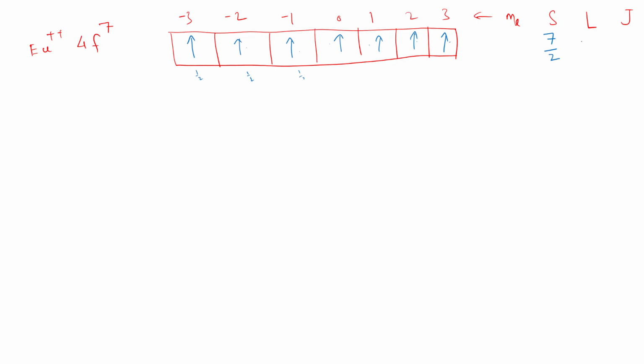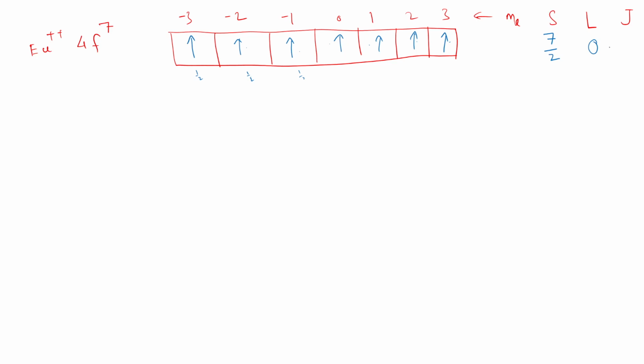Now what is L? The way we have to look at L is, L will be given by the sum over these states. So it is minus 3, minus 2, minus 1, plus 0, plus 1, plus 2, plus 3. So it is basically 0.